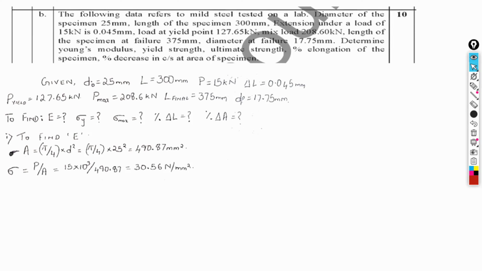The stress sigma equals force by cross-section area, so sigma equals P by A. P is the load or force, 15 into 10 raised to 3, because 15 kilonewton is given. We convert that into Newton per mm square. So 15 into 10 raised to 3 divided by 490.87, the cross-section area we already calculated in the previous step. After solving P by A, we get sigma equals 30.56 Newton per mm square.